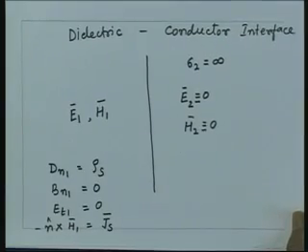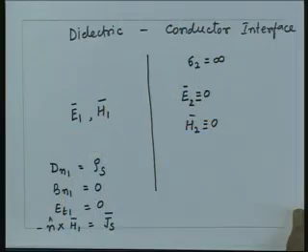So, depending upon whether we have a dielectric interface or a dielectric-conductor interface, we can appropriately apply these boundary conditions. This now gives us the framework for analyzing any electromagnetic problem in 3-dimensional space. Let me summarize what we have done.